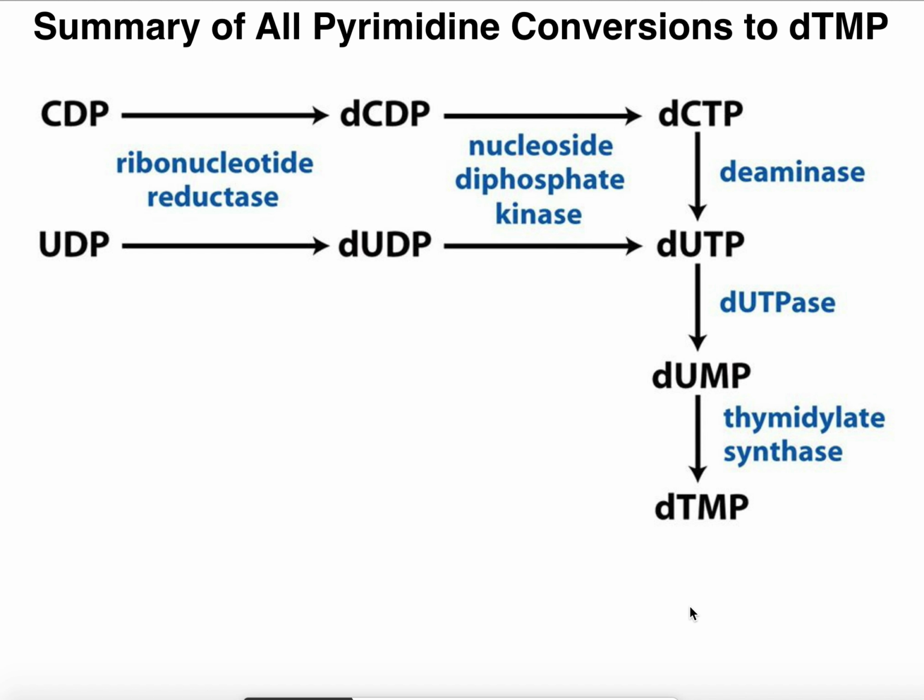Again, all these letters, they sound the same, so it's getting to be a tongue twister. But hopefully this video just gave you a good summary of all the processes that are going to happen just to get dTMP.